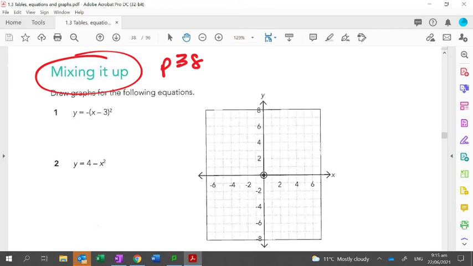Okay? Now, again, they're not giving you a table of values here, so you can use any values you want. Just make sure that if your vertex is here, you don't want to choose 3, right? It's not going to tell you how wide your parabola is opening up. If you're nervous, choose 2 or 3 points, right? If you think you need a much more accurate graph than the one I'm teaching you, then go for it.